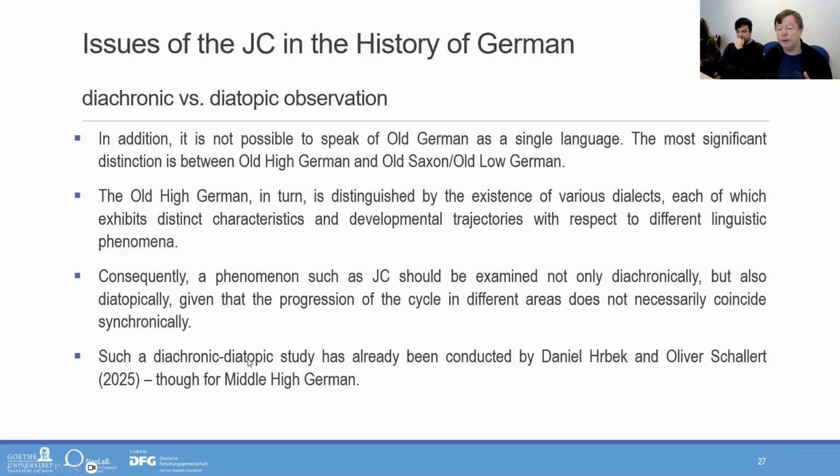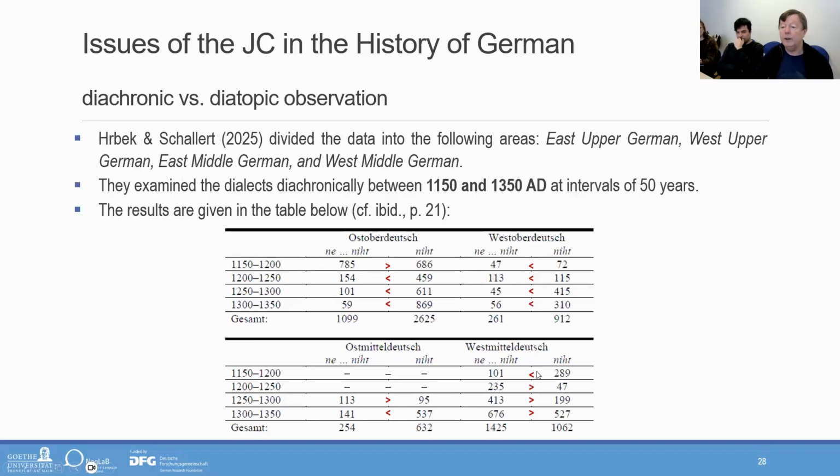Such a diachronic diatopic study has already been conducted by Daniel Urbeck and Oliver Schallert, for Middle High German. They divided the data into the following areas: East Upper German, West Upper German, East Middle German, and West Middle German.